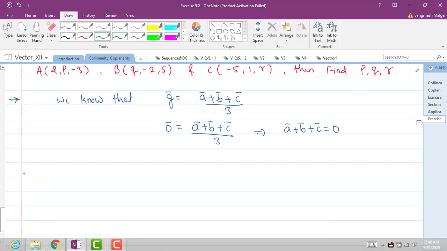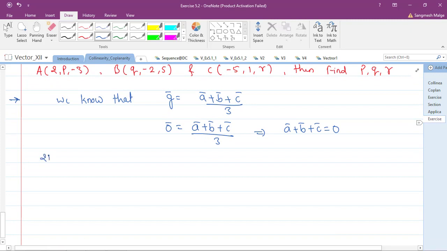Okay, so let's substitute the values now. A bar is 2i plus pj minus 3k, plus B bar is qi minus 2j plus 5k, plus C bar is minus 5i plus j plus rk. This is equal to 0 bar.